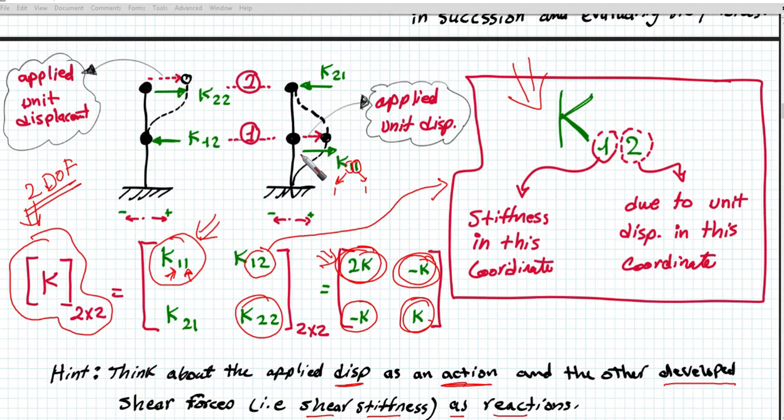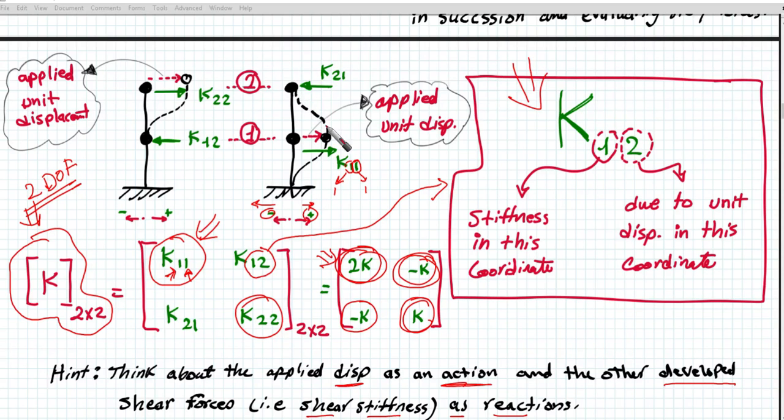The green arrow here means the shear that is going to be developed at coordinate 1 due to unit displacement applied at coordinate 1. How much is this K11 from your own point of view? Let's assume that if it is directed to the right, it is positive, and directed to the left, it is negative. If we make one displacement at coordinate 1, how many columns are resisting this displacement?